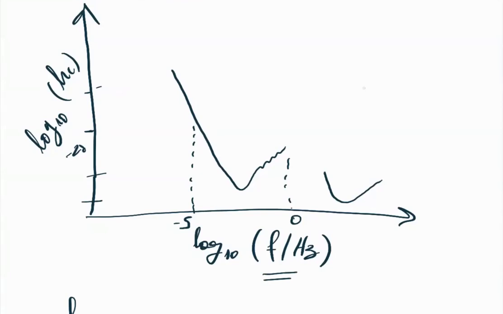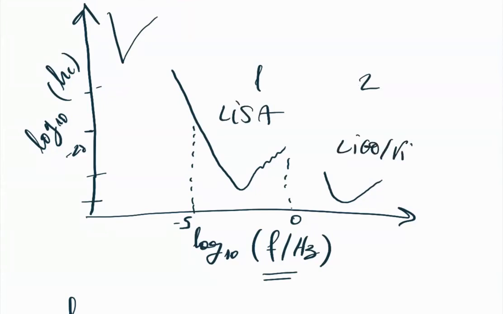We have here, say, one window, two windows, but we have a third one, which is over here, which corresponds to PTAs. So this is LISA. This is LIGO and Virgo, and over here we have the so-called PTAs. I can talk about that in a second.